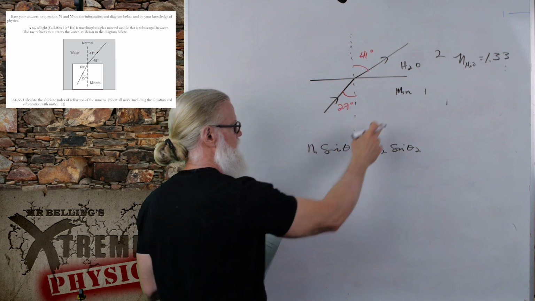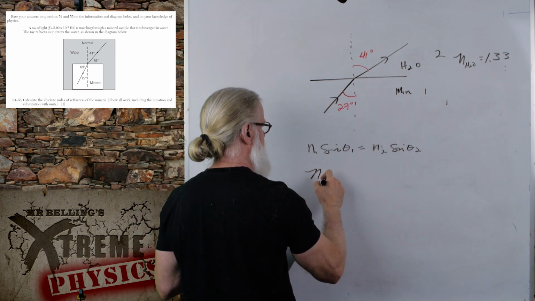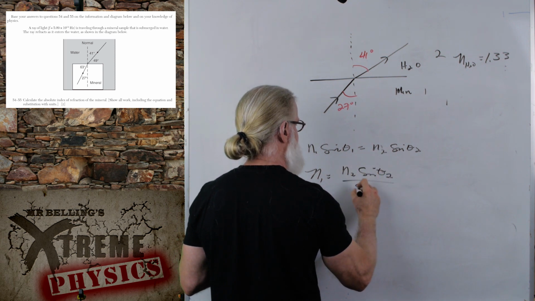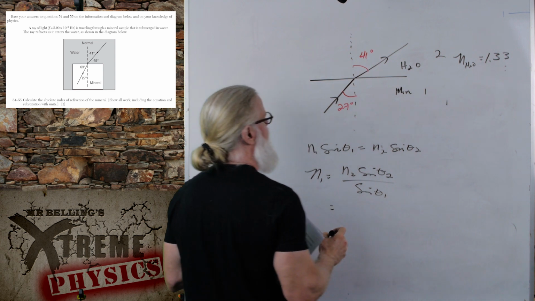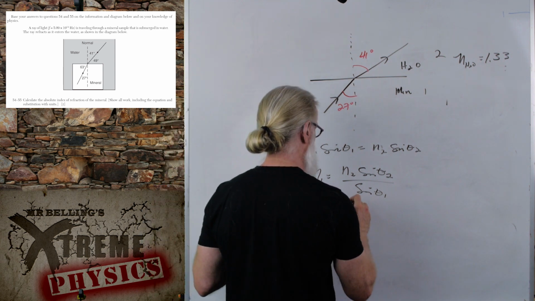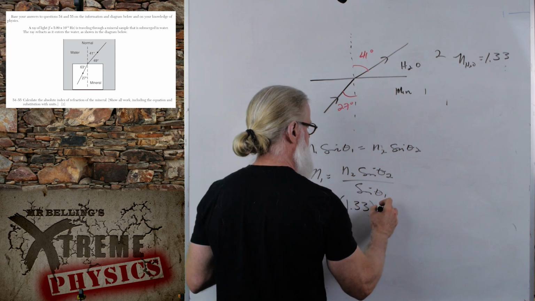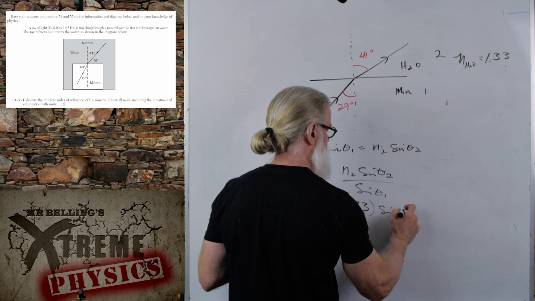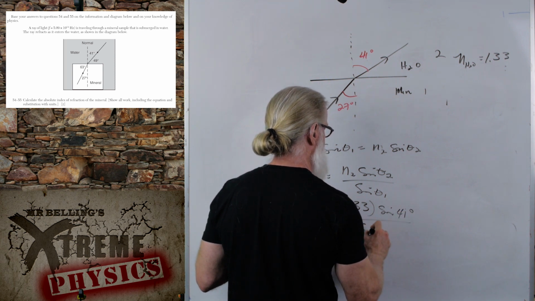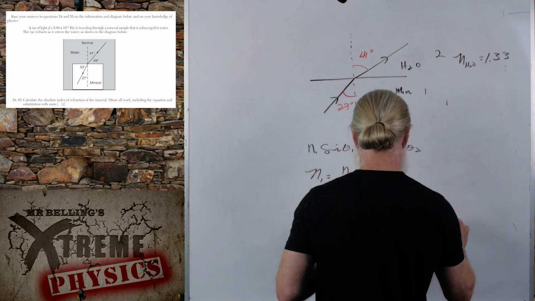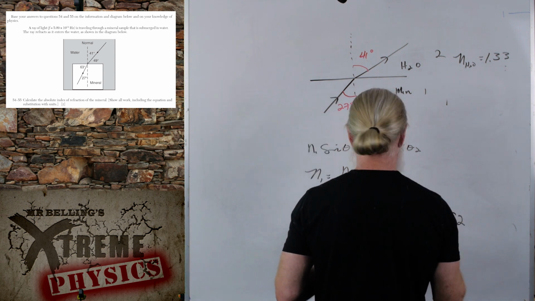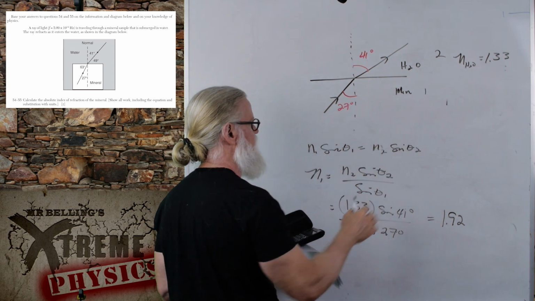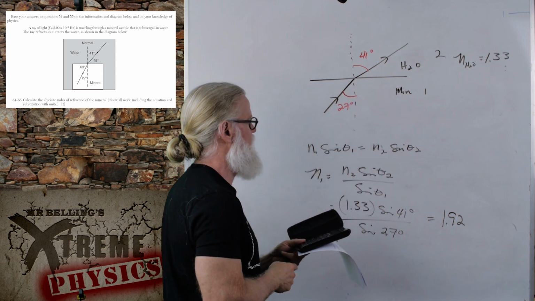So we want to know what n1 is. n1 equals n2 sine of theta 2 divided by sine of theta 1. n2 is 1.33 times the sine of 41 degrees divided by sine of 27 degrees. 1.92 is the index of refraction, and it should be higher than water because I can see that it is speeding up when it goes into the water.